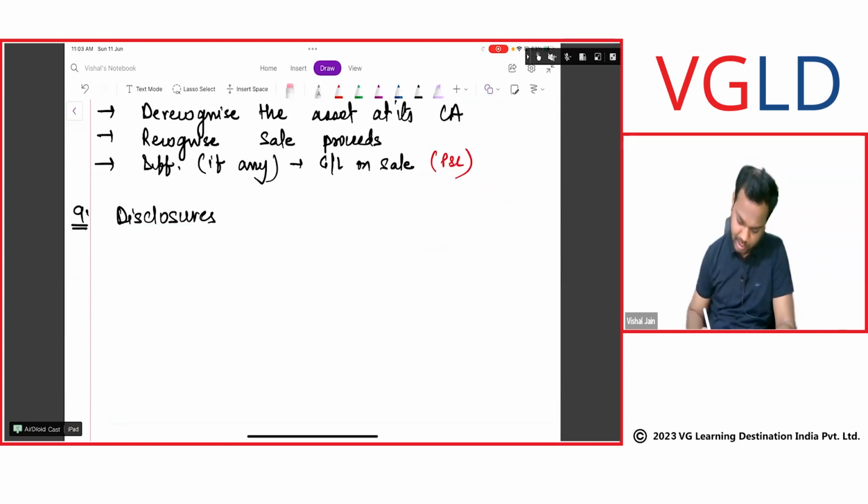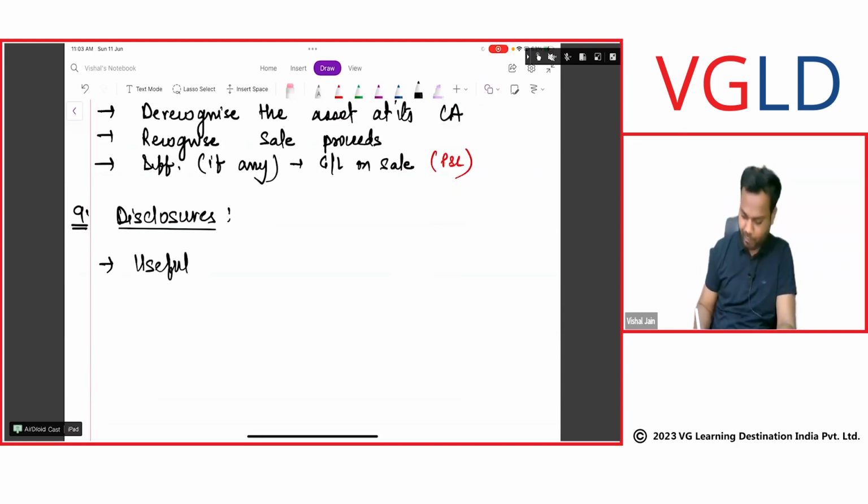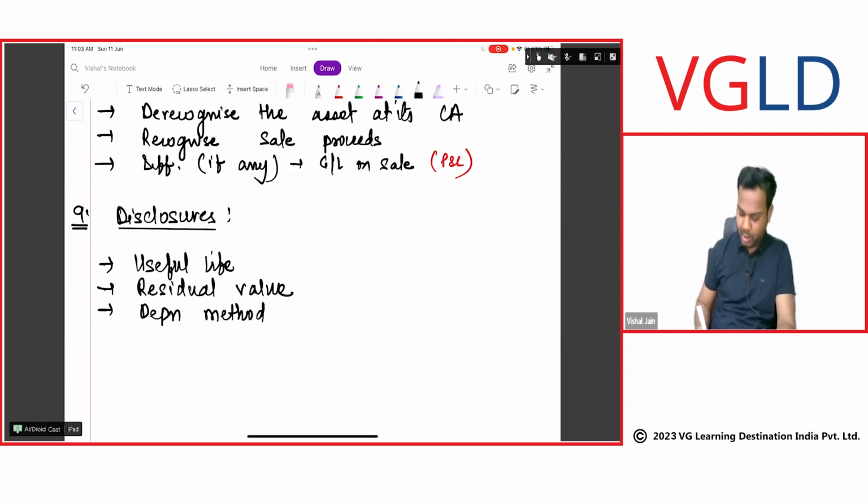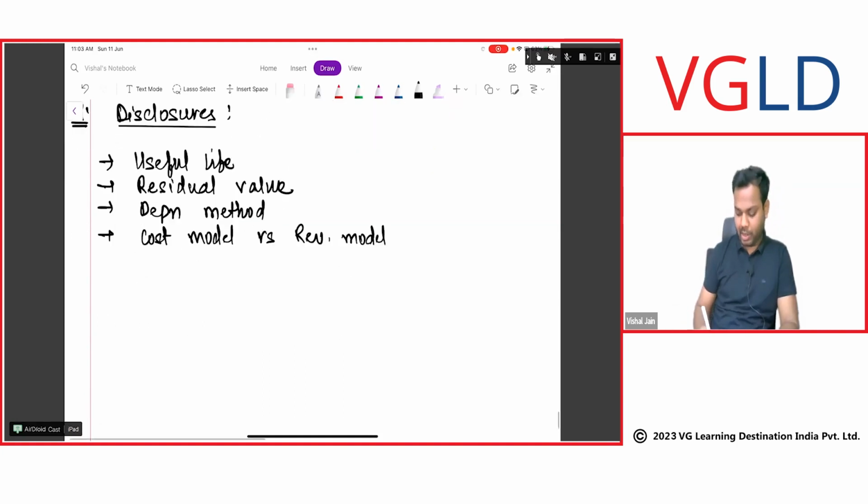In disclosures, you have to give estimates of useful life, estimates of residual value, then depreciation method used, cost model or revaluation model, then treatment of revaluation reserve.